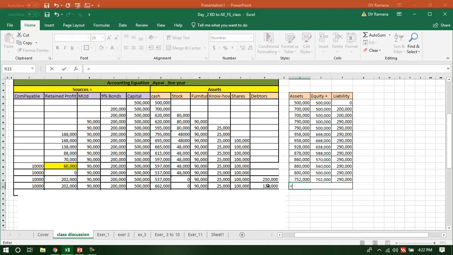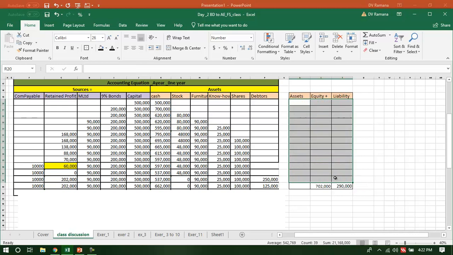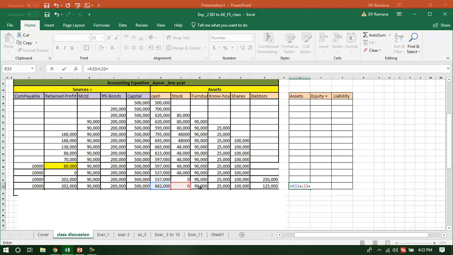I'm removing it so that we can observe right from the beginning. So assets: cash plus stock plus furniture plus know-how plus shares plus debtors.